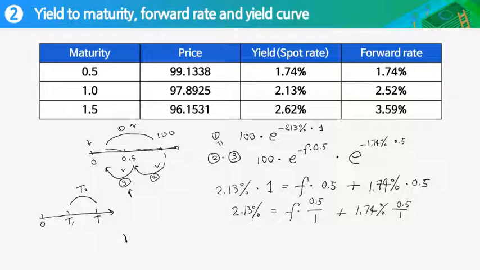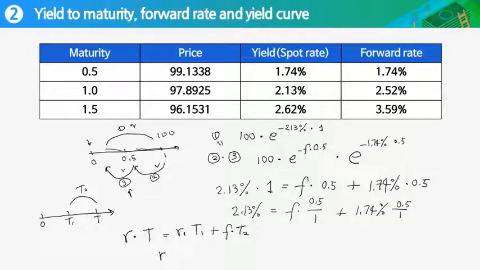Then the long run rate R should be equal to R1 T1, where R1 is the rate between 0 and T1, plus the forward rate F multiplied by T2.